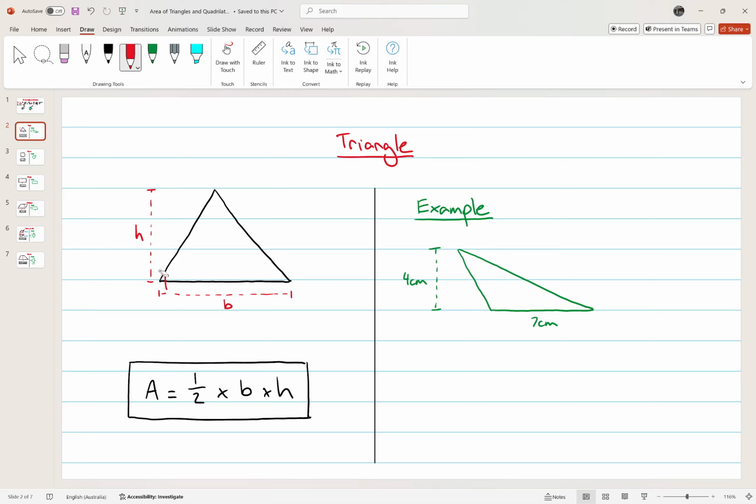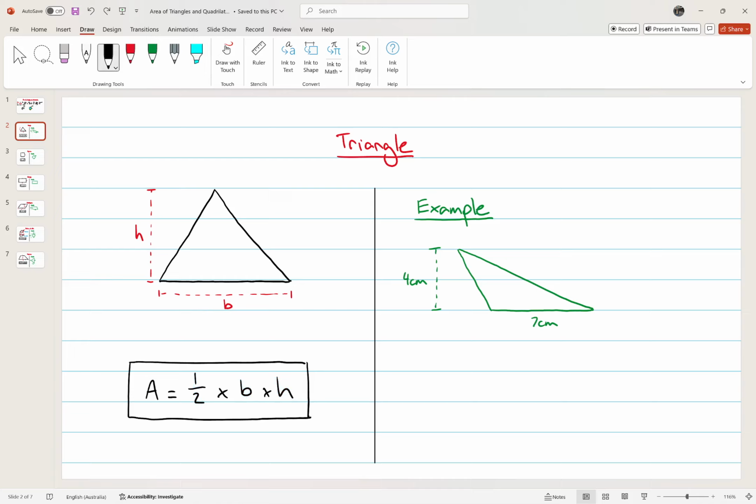It doesn't necessarily need to be one of the sides of that triangle. They just need to be cutting each other at 90 degrees. And the formula for that, as we see down here, is half times the base times the height. So you simply multiply your two lengths and you half that at the end.